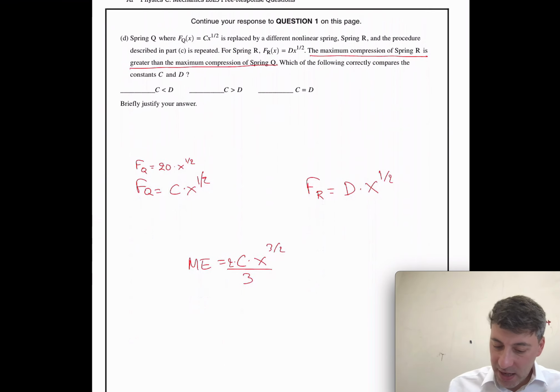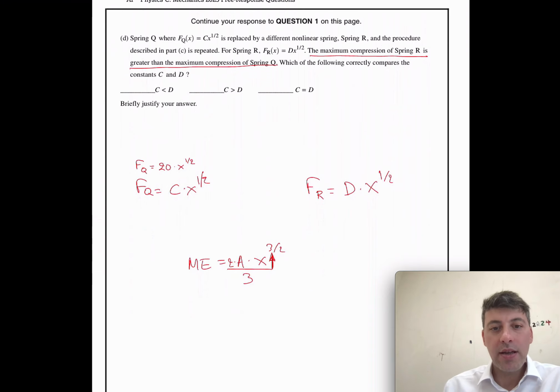Now, the coefficient, actually, it is a variable, so I will not call it with the letter C, just in order not to confuse, I will say the coefficient, let's say it's A. Now, we know for a fact that the maximum compression for R is greater than the maximum compression for Q. So the value for R is a greater value, and the mechanical energy is constant.